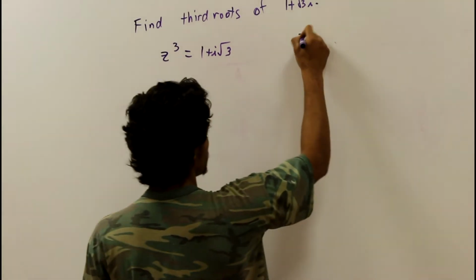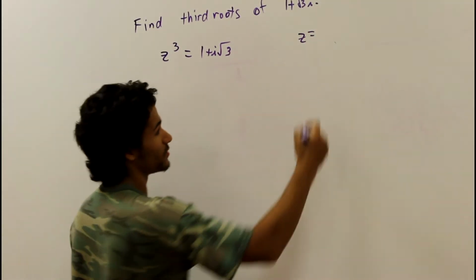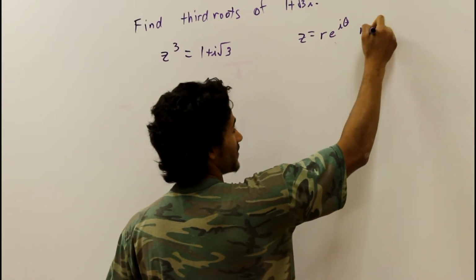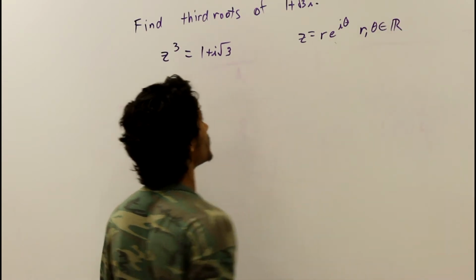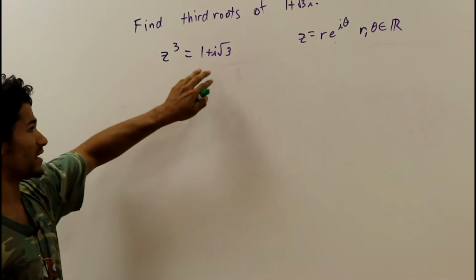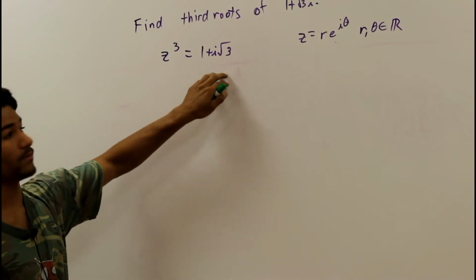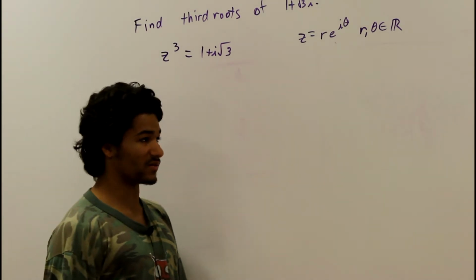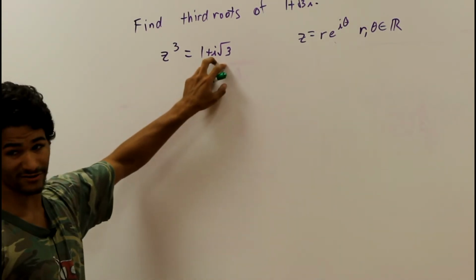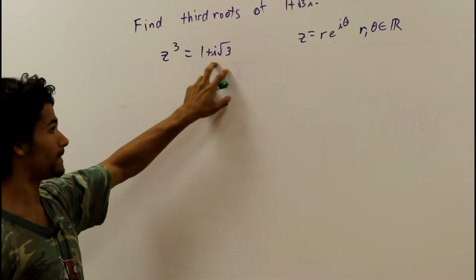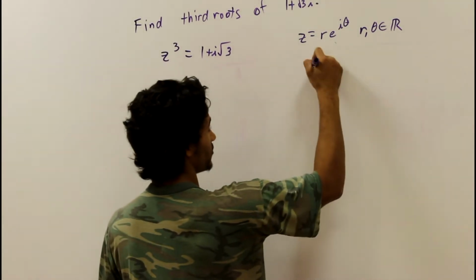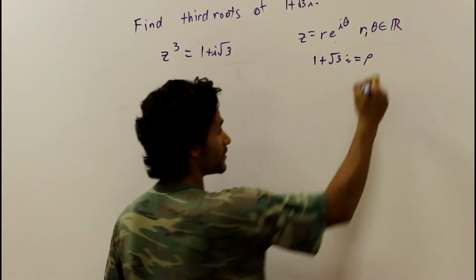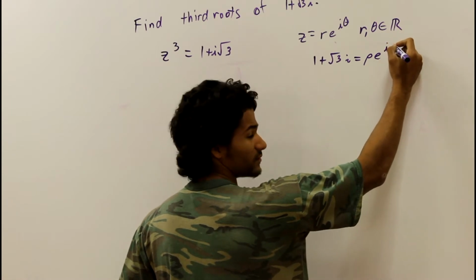Now, of course, z is rewritable in terms of r e to the i theta, where r and theta are real. 1 plus i radical 3 is also rewritable in this format. It would be wise, before we begin the problem, to go ahead and rewrite this into that format. This 1 plus radical 3i is another radius times e to the i times another angle.